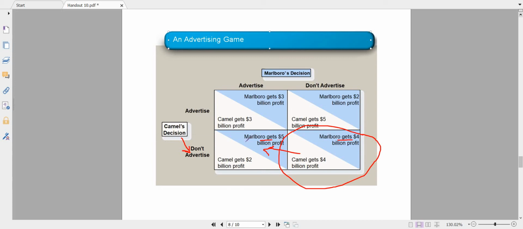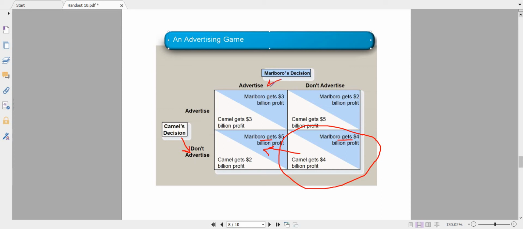Now, once you are in this box, let's assume the ball is in Camel's court, and they are seeing this scenario that Marlboro has broken the agreement and has advertised. Camel is not going to sit still, it's going to do something about it.